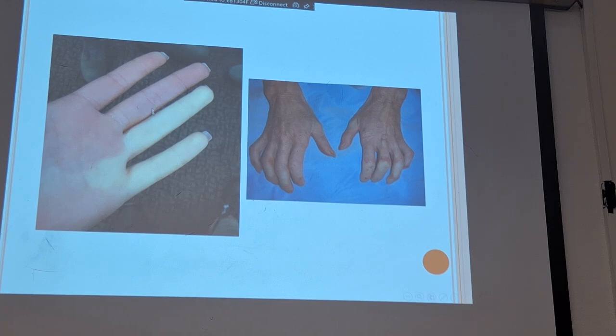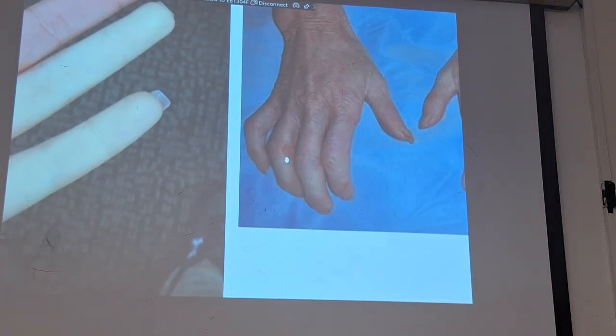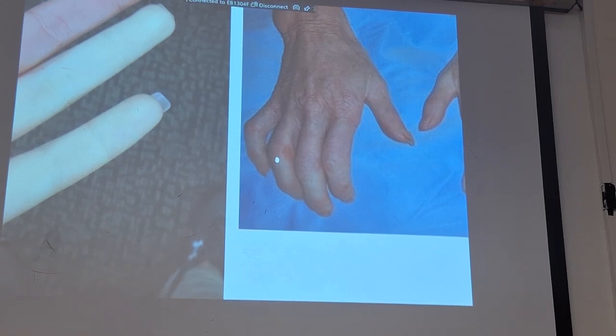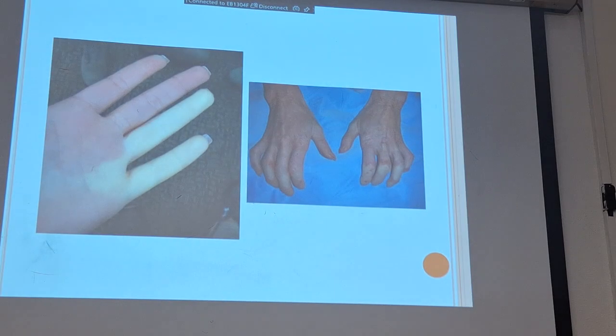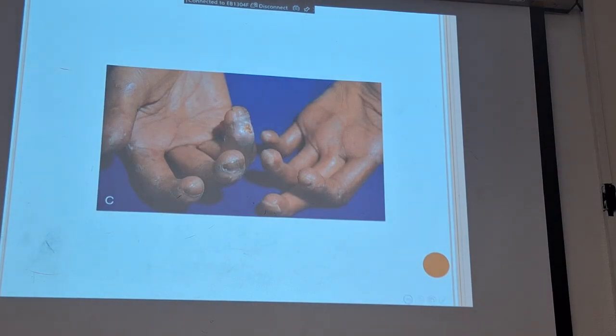Here you see Raynaud phenomenon, and this is sclerodactyly. Here you see some redness and ulcers because of poor circulation on the arterial parts. You see sclerodactyly and some ulcers here.